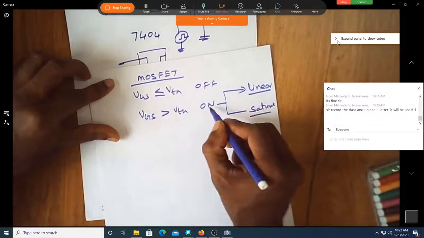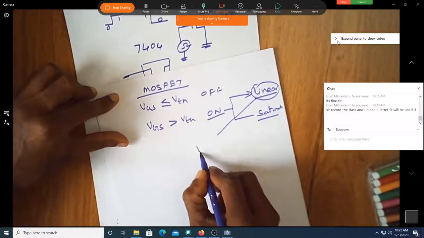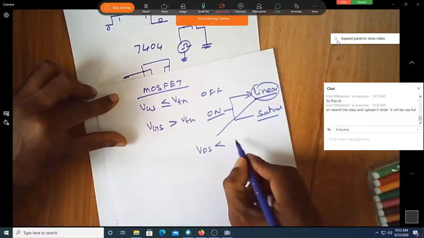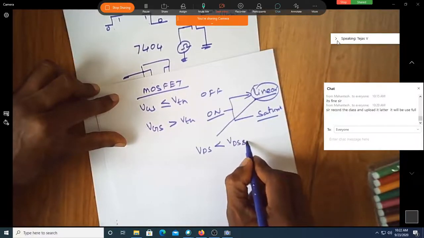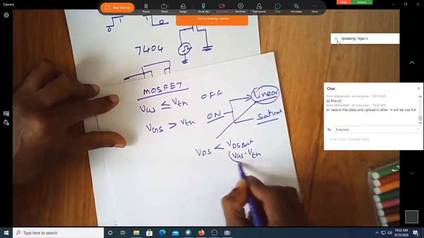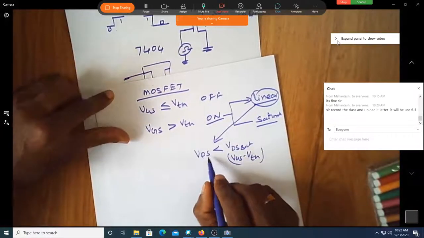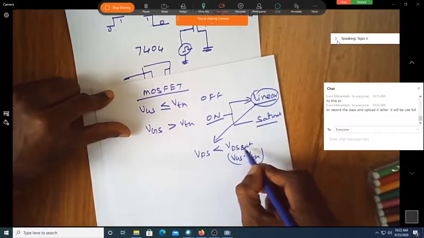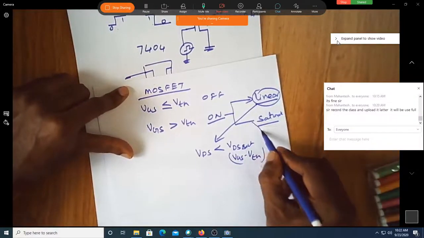The MOSFET is on, it is in linear region if VDS is less than VDS sat, or VGS minus VTH. Correct? This I think you might have forgotten. VDS has to be less than VDS sat, then only we call it in linear region.